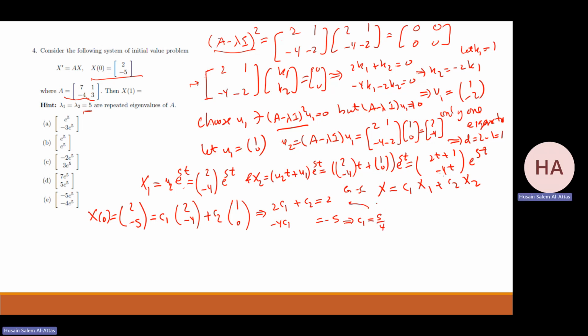Plug it here. C2 will be what? 1 minus 10 over 4. That is 5 over 2, take it to the other side. That will be minus 3 over 2, which is minus 1.5. Interesting. Is it?